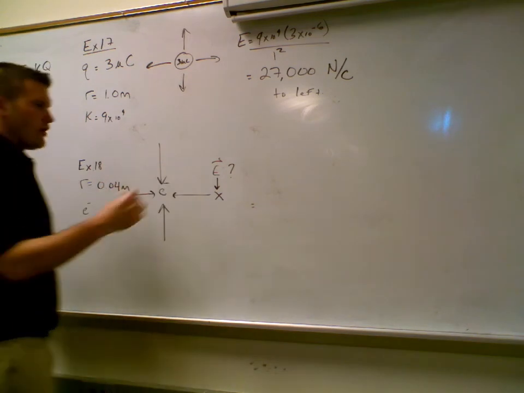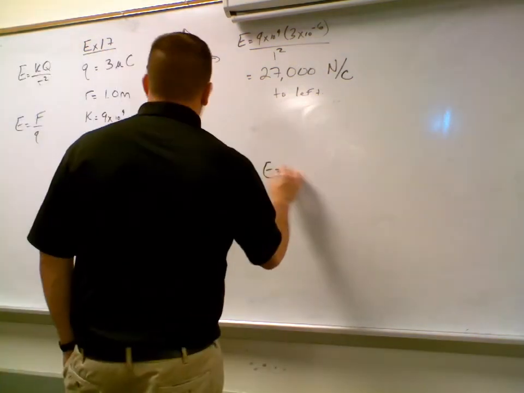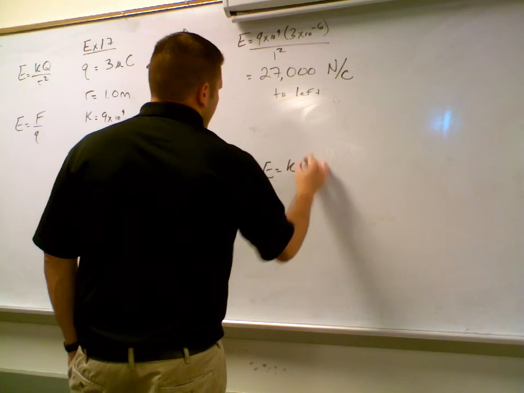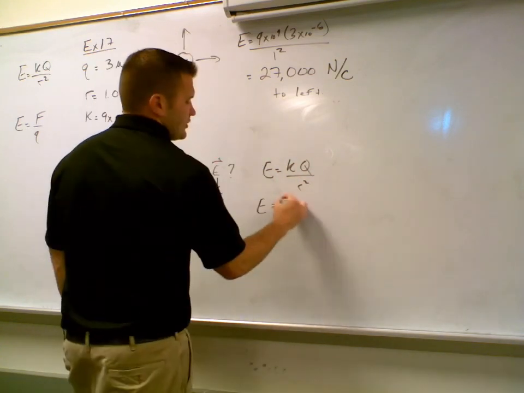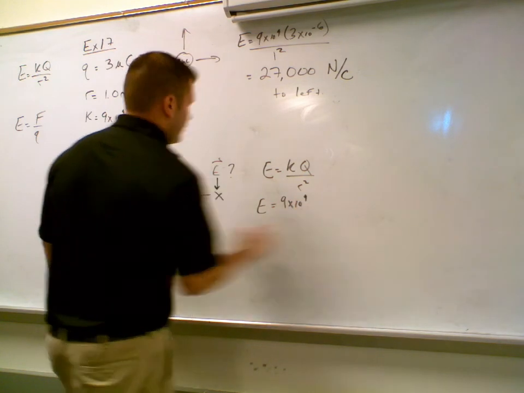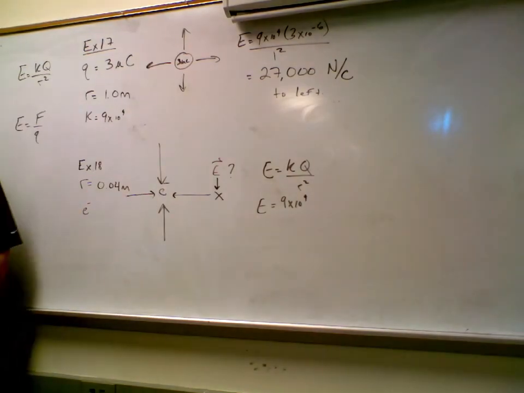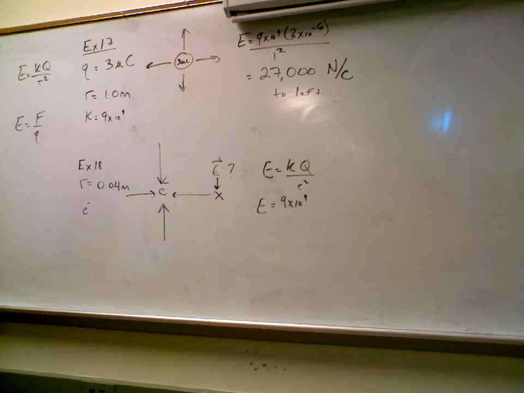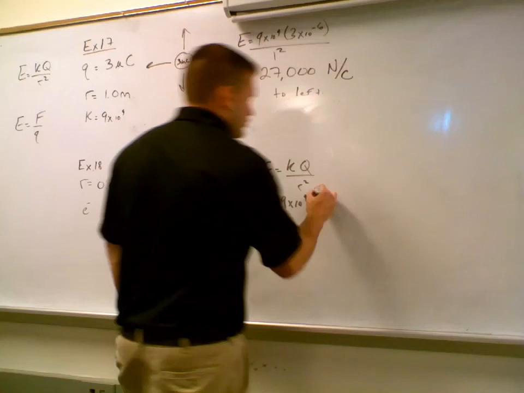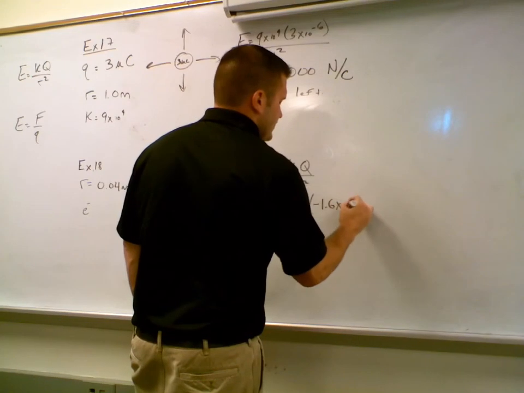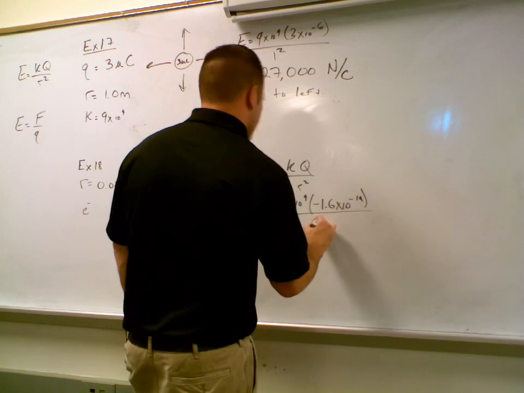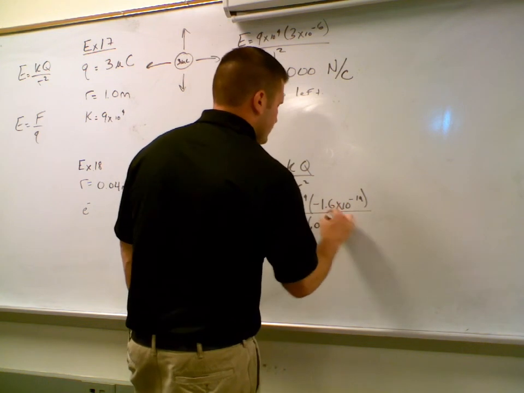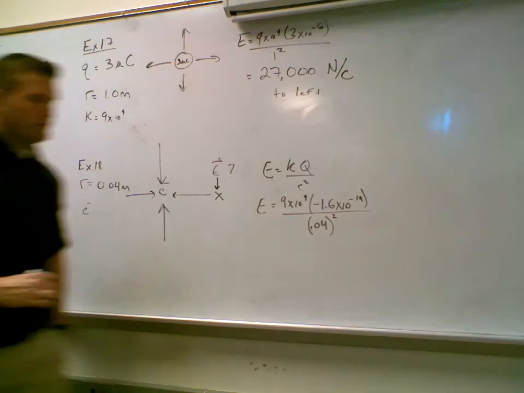And I'll show you why. The electric field is going to be equal to kQ over r squared. So the electric field is going to be 9 times 10 to the 9th. Now the charge creating the field is an electron, right? What's the charge on an electron? Negative. Negative 1.6 times 10 to the negative 19, all over our radius, which was 0.04 squared.